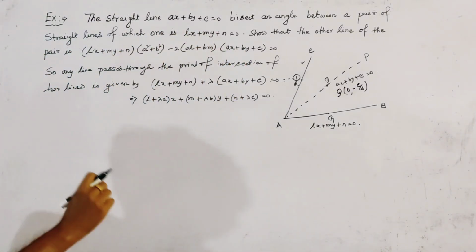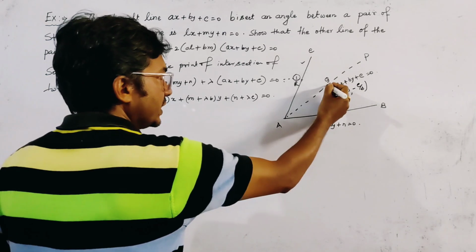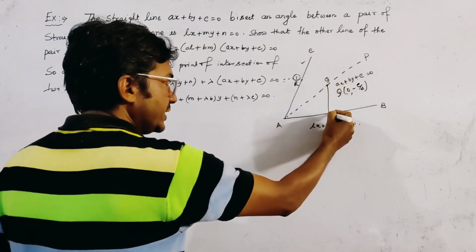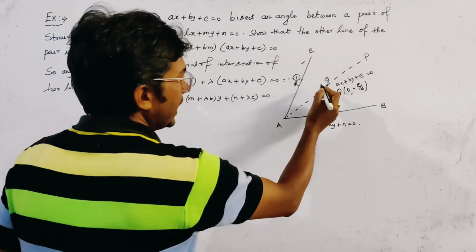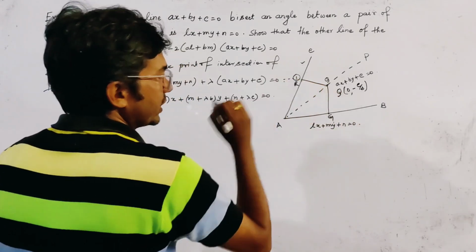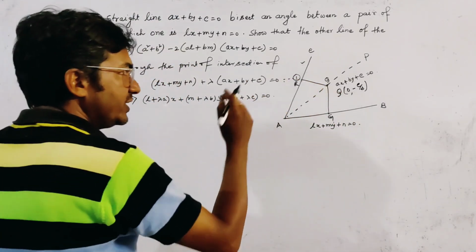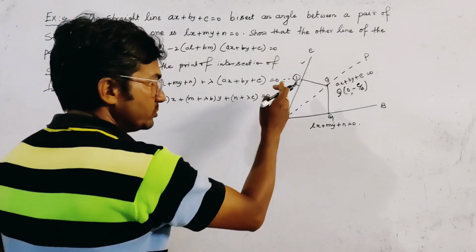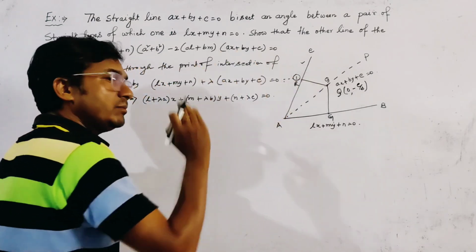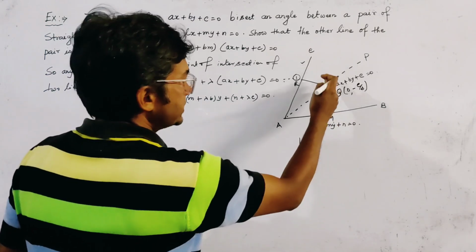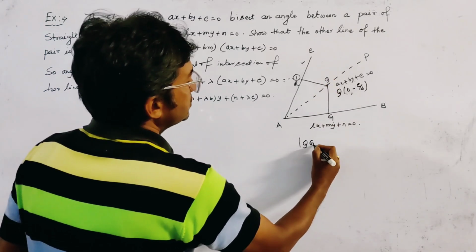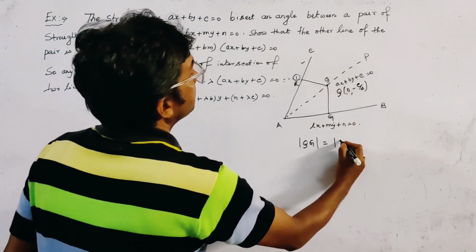Now we have to find the perpendicular distance of Q from this line, let it be QG, and from the other line, let it be QR. And from the definition of angle bisector, we say that the two distances, QG and QR, are equal.